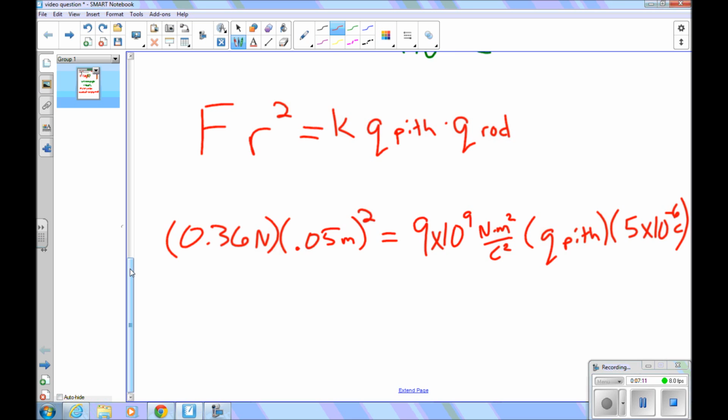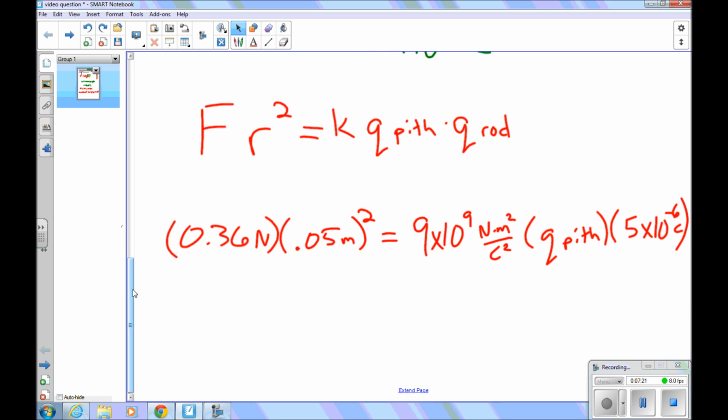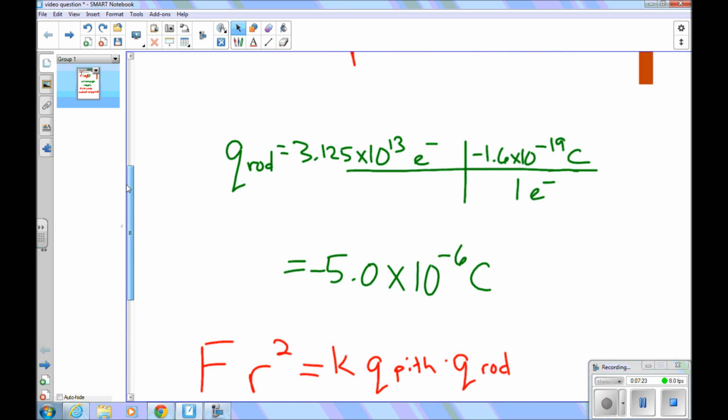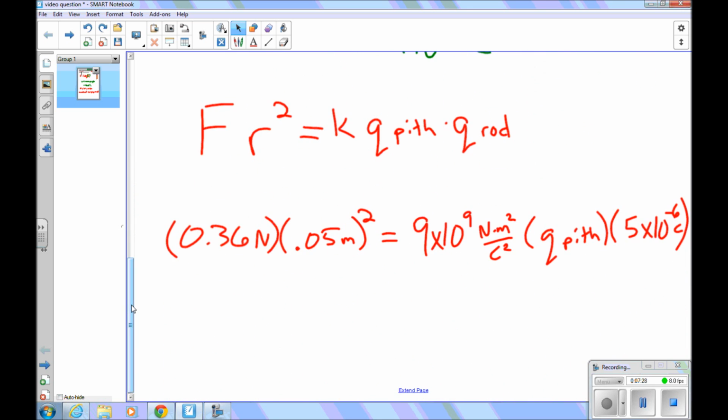It just occurred to me that I made an error: that should have been a negative number all along, because it's extra electrons, and electrons of course are negatively charged.